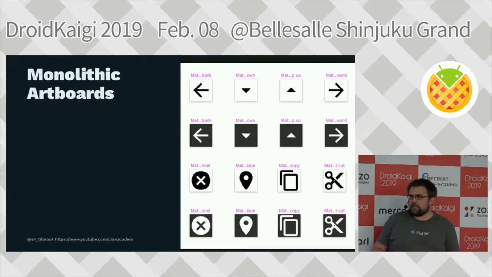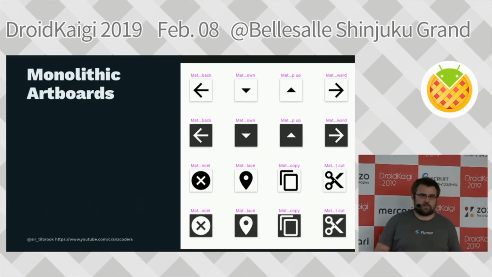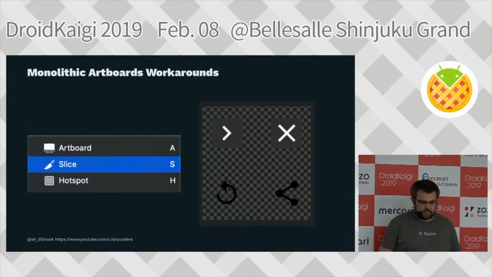I alluded to this earlier, but especially in things like Illustrator, you'll tend to have more monolithic artboards, or if your Sketch files are quite old, where you don't have the ability to reference artboards from each other using symbols, you may have all your icons in one giant artboard. In Sketch, this is pretty easy to solve.